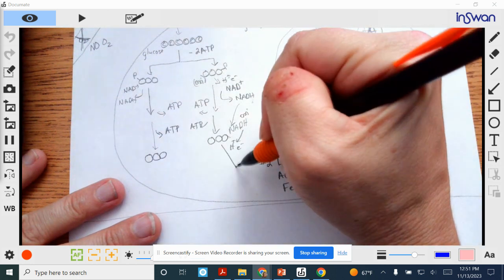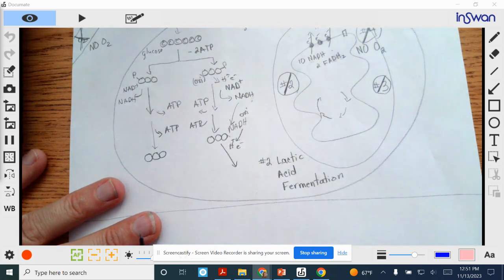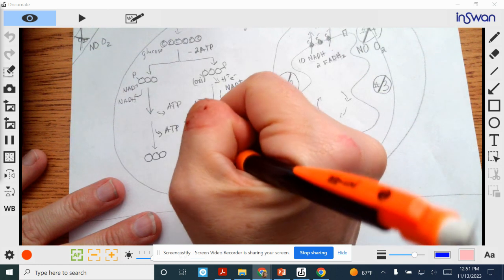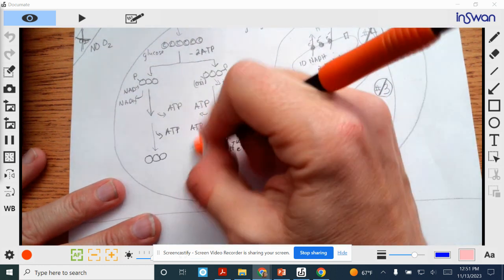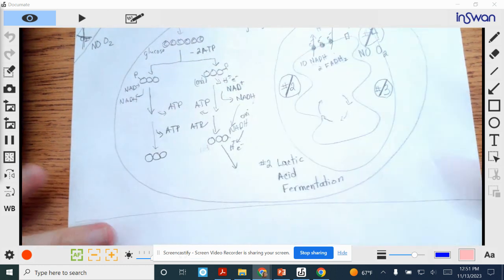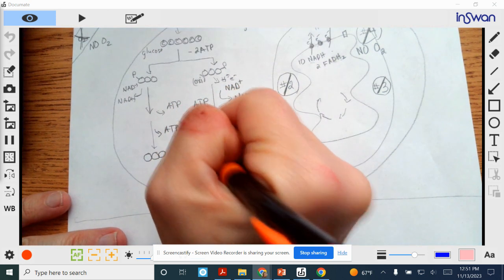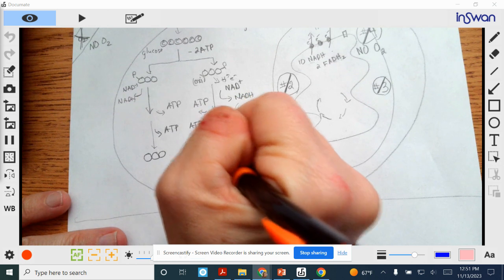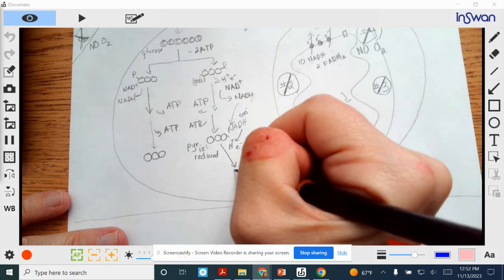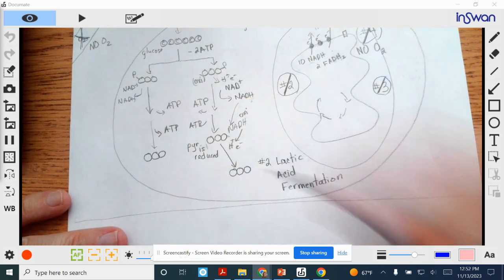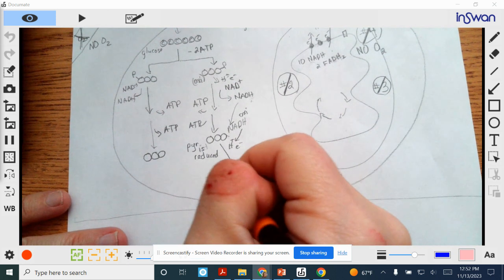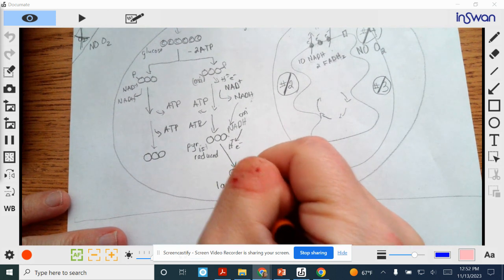And now it's going to put it on that pyruvate. So my pyruvate is getting reduced. Actually, let's label those as pyruvates. So let's say pyruvate is reduced. And now it's not pyruvate anymore. Now it is lactic acid, or you can call it lactate.